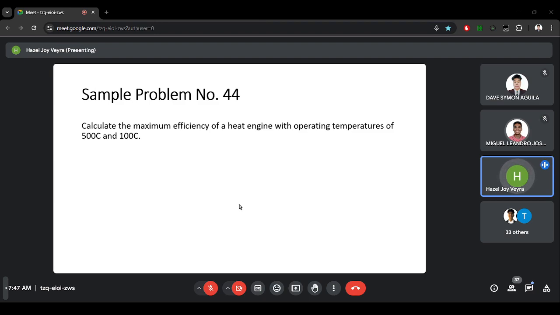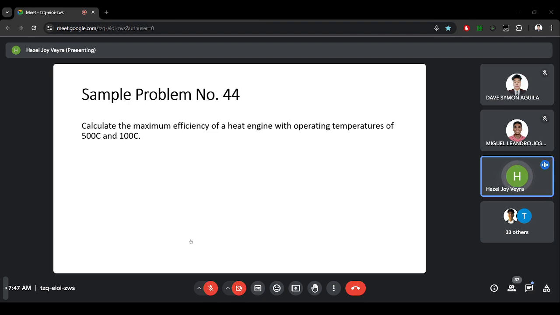Okay, so this is sample problem number 44. Calculate the maximum efficiency of a heat engine with operating temperatures of 500 degrees Celsius and 100 degrees Celsius. So from the formula that we have last week or 2 weeks ago, what is the formula to calculate the efficiency of a Carnot cycle?